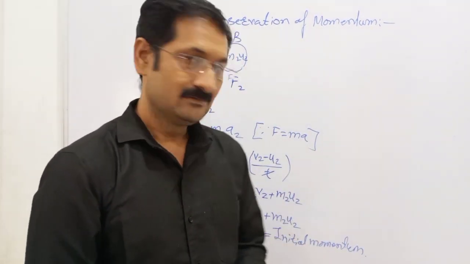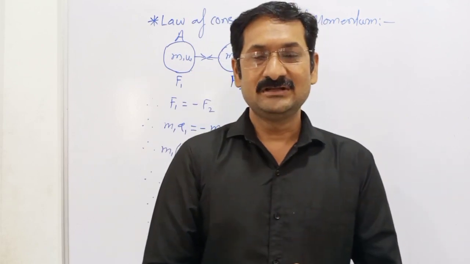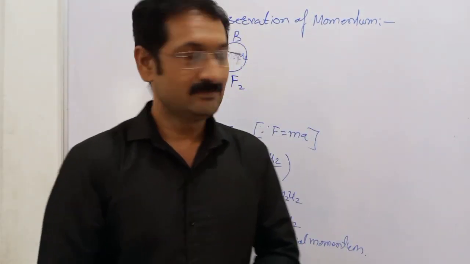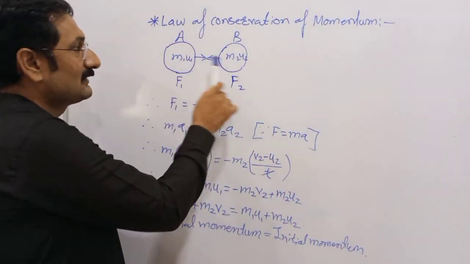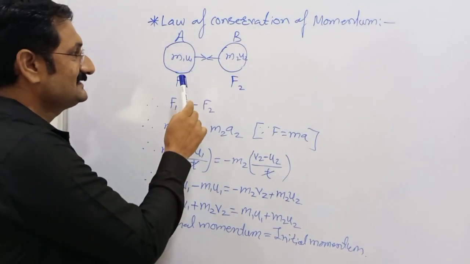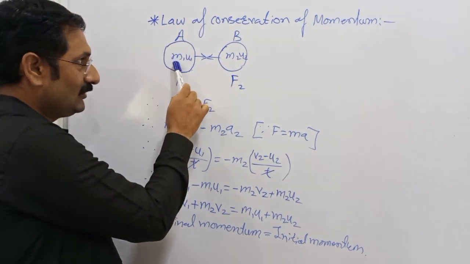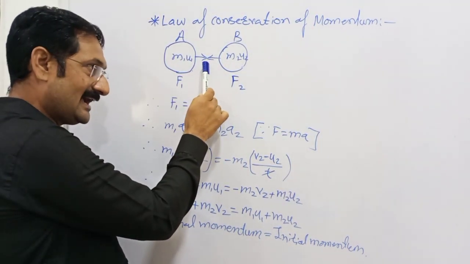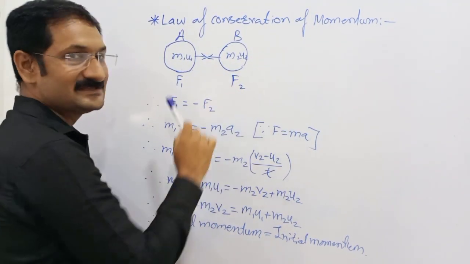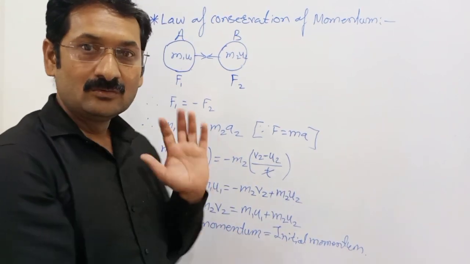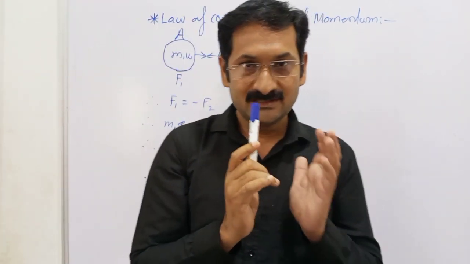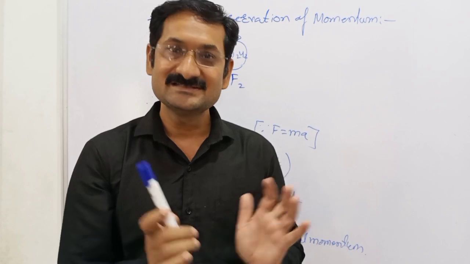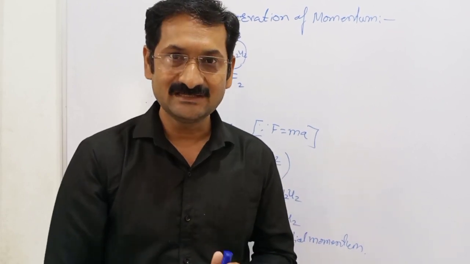Why is momentum conserved? Because when these two bodies collide, if object A collides on B, its velocity decreases and the velocity of object B increases, and the total product of mass and velocity is conserved, meaning momentum is conserved.